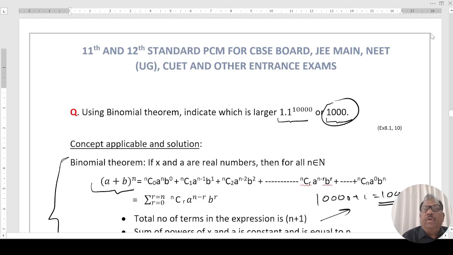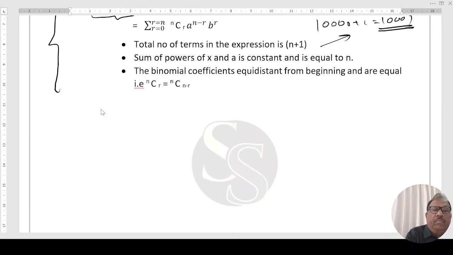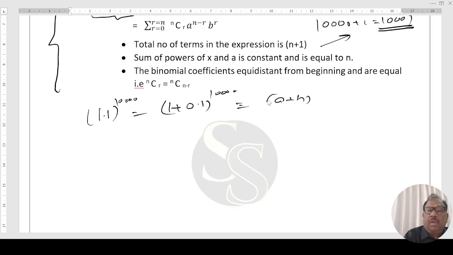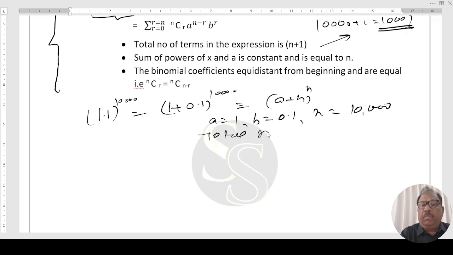1.1 की power 10,000 can be written as 1 plus 0.1 की power 10,000, comparing with a plus b की power n. A comes out to be 1, b equal to 0.1, n equal to 10,000. So total number of terms will be 10,001, right?